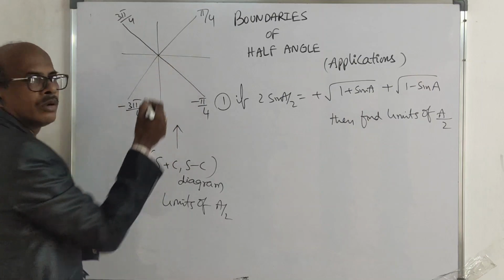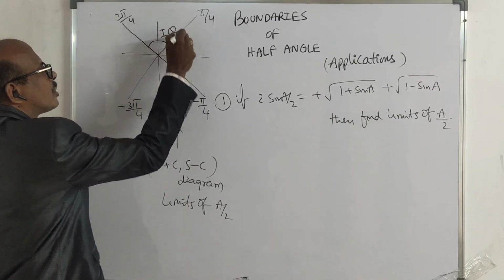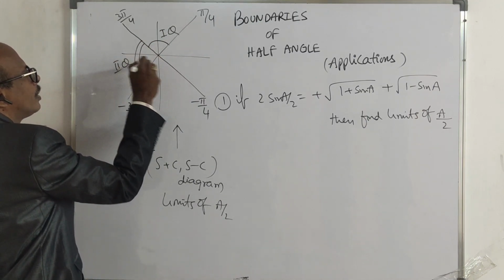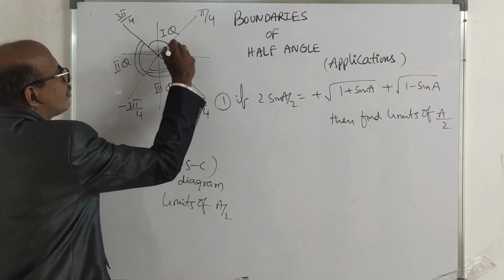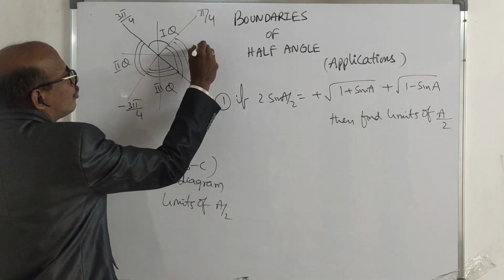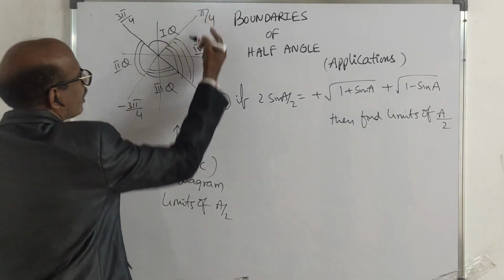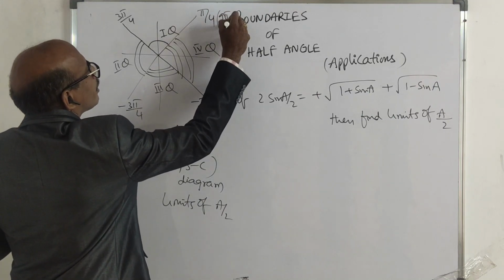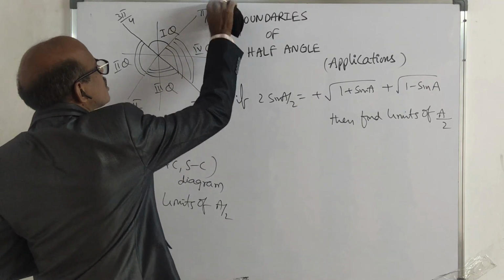Here in the theory video, this is treated as the first quadrant, this as the second quadrant, this will be the new third quadrant, and this the new fourth quadrant. The boundaries are pi by 4, minus pi by 4, and also 9 pi by 4. The region here is 360 plus 45.